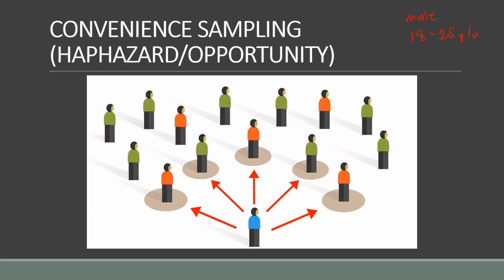So it would be easier for you to approach them since you do not need to go to other places on a given time. You will just simply select the individuals that will fit the criteria that you have set on a particular place at a specified time.